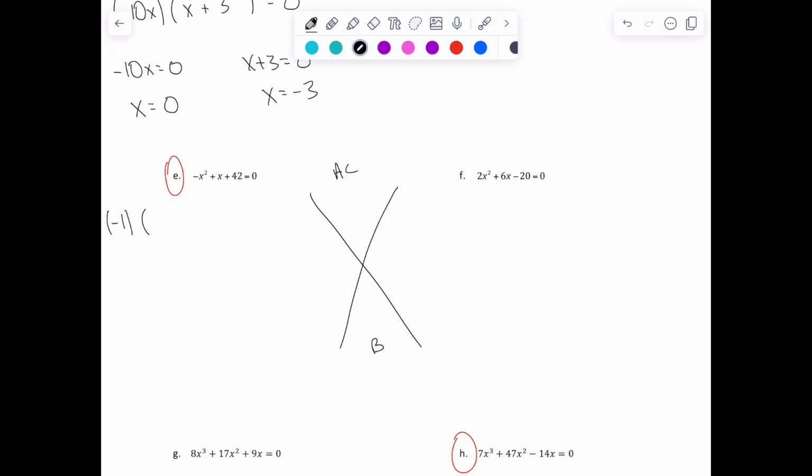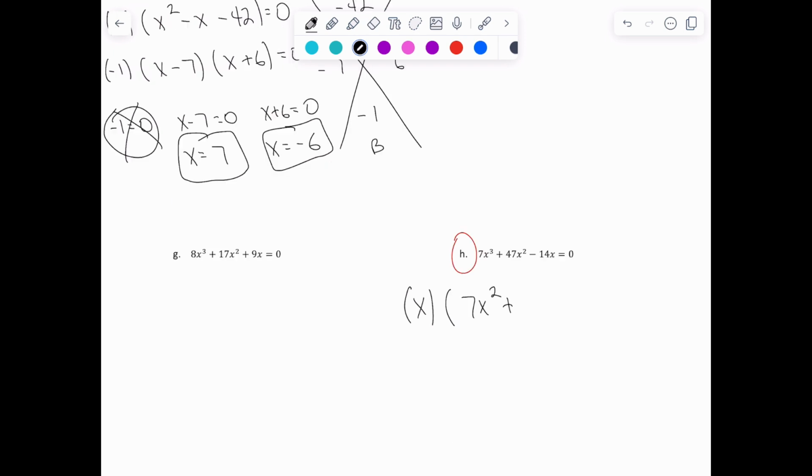Okay, and on to the last one you're going to do. Remember, H, always look for a GCF. In this case, it just happens to be x, okay? So I'm actually going to factor out an x before I even start this problem.